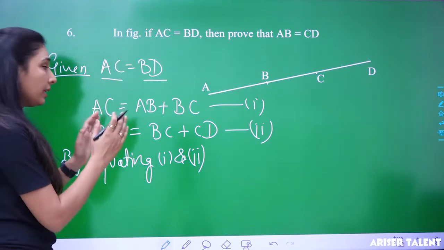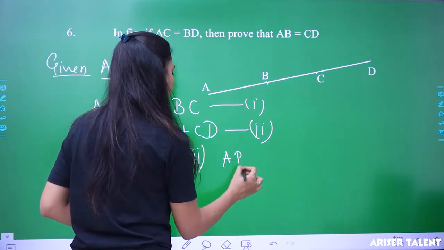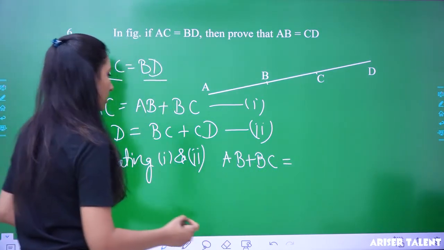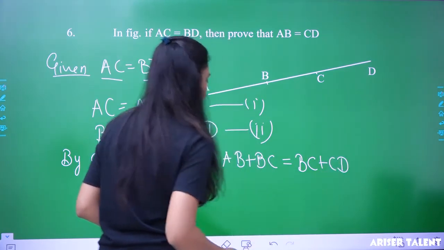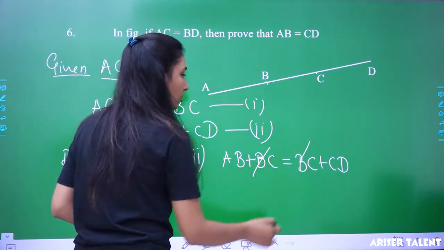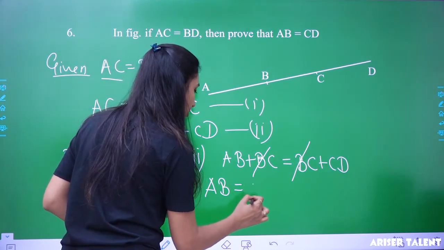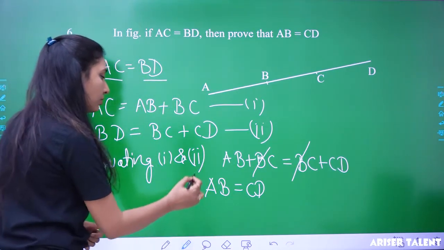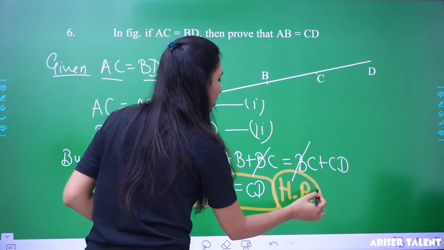By equating 1 and 2, we can say that AB plus BC is equal to BC plus CD. So BC will cancel out and we'll have AB equal to CD, and that we had to prove. Hence proved.